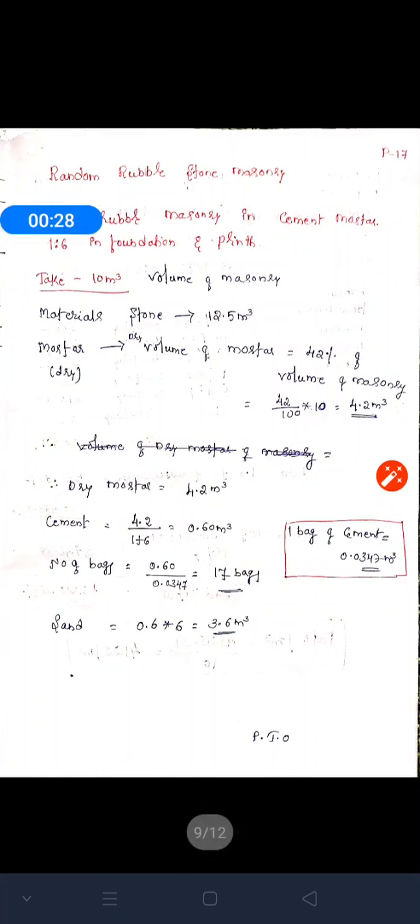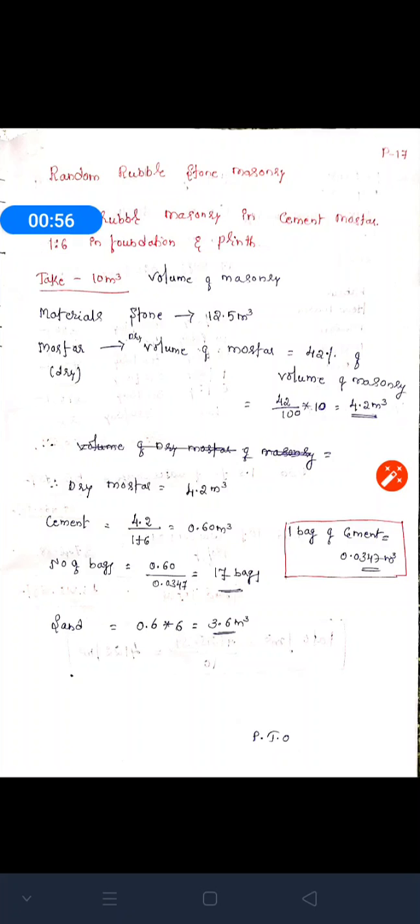And here we have a question like this: random rubble stone masonry in cement mortar 1:6 in foundation and plinthing. For this we should calculate the rate analysis for 10 meter cube of work. As you know, for concrete we calculated the volume, which was around 15.2.